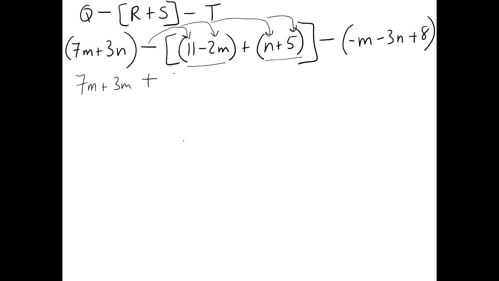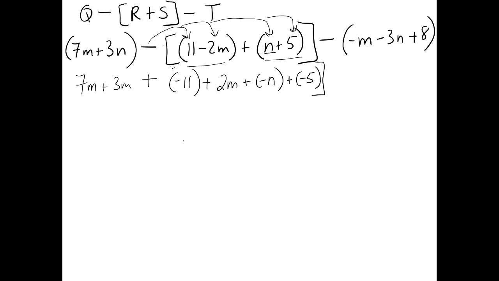If I want to add the opposite of 11, that's going to be negative 11. If I want to add the opposite of negative 2m, then I'm going to be adding a plus 2m. If I'm going to add the opposite of n, I can write that as a negative n. And if I'm going to add the opposite of 5, that would be a negative 5.